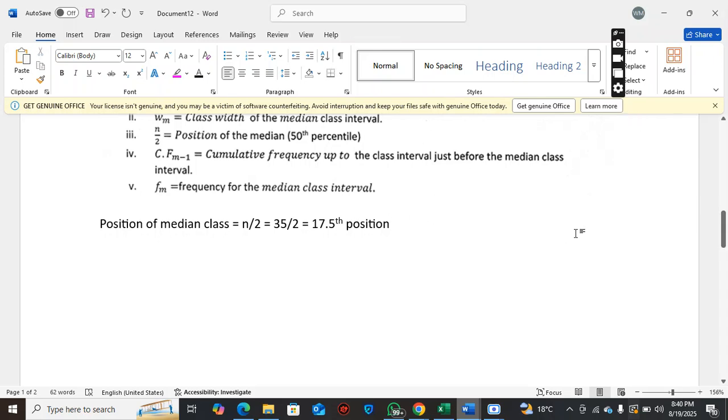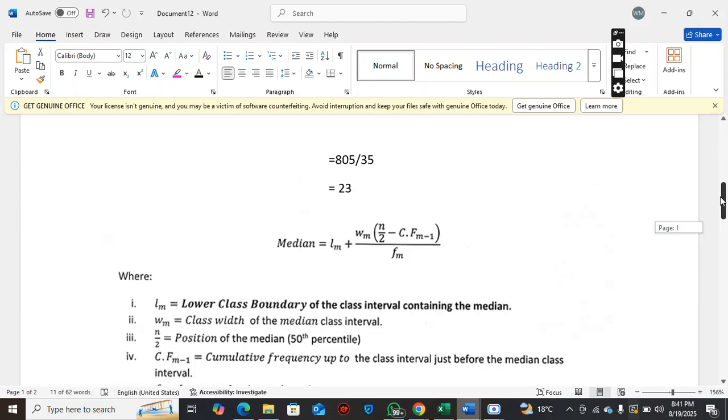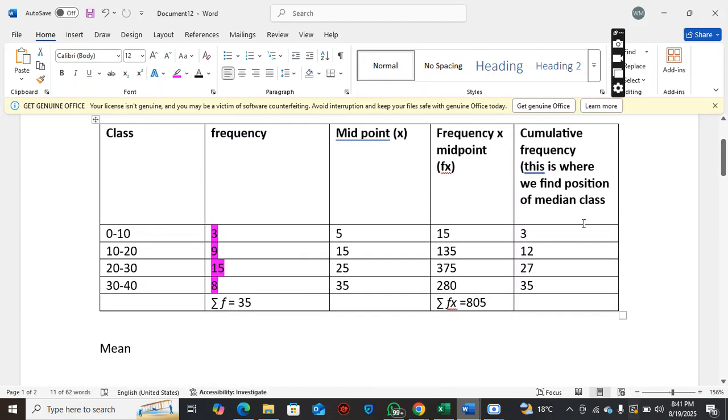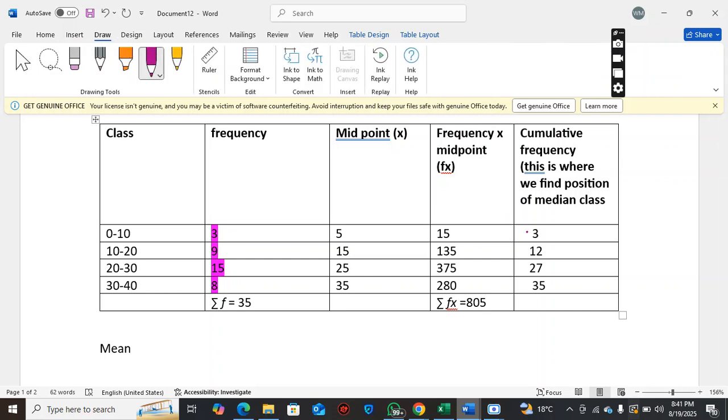So we have to come to our cumulative frequency column. We found the position of the median class. Now in the cumulative frequency column, it will tell us which class this is in. We have to look where we can find the 17.5 position. Our first class is from 0 to 3.